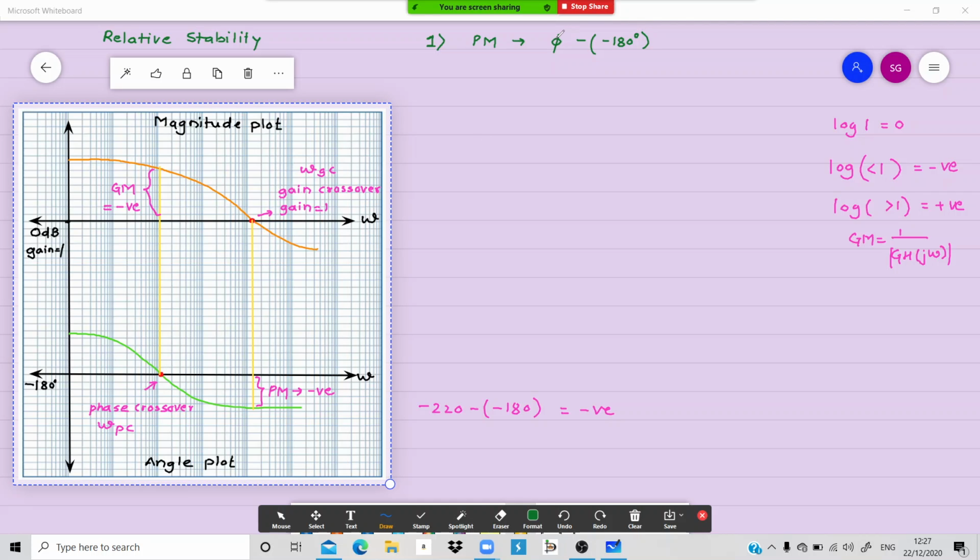So if this is more than 180, definitely this PM will be negative, and the system is unstable. So PM, if it is negative, system is unstable. Then PM, if it is positive, system is stable.